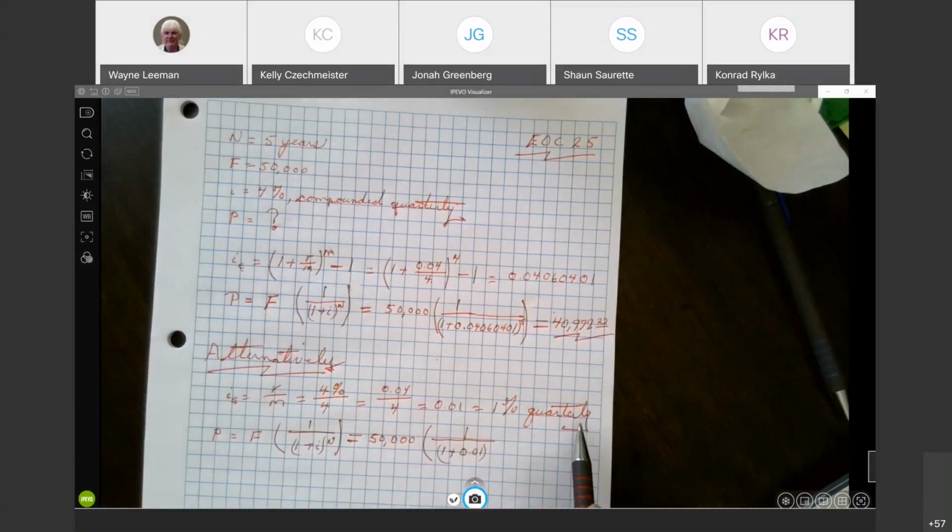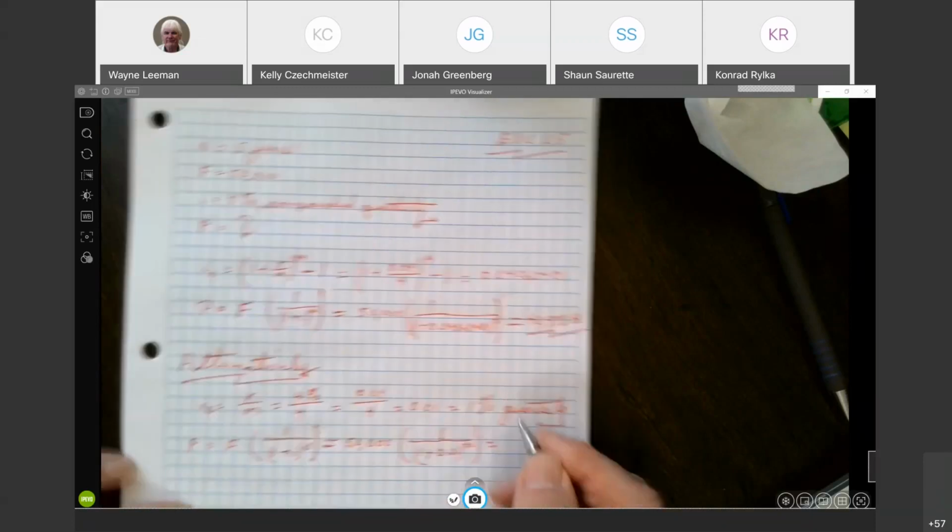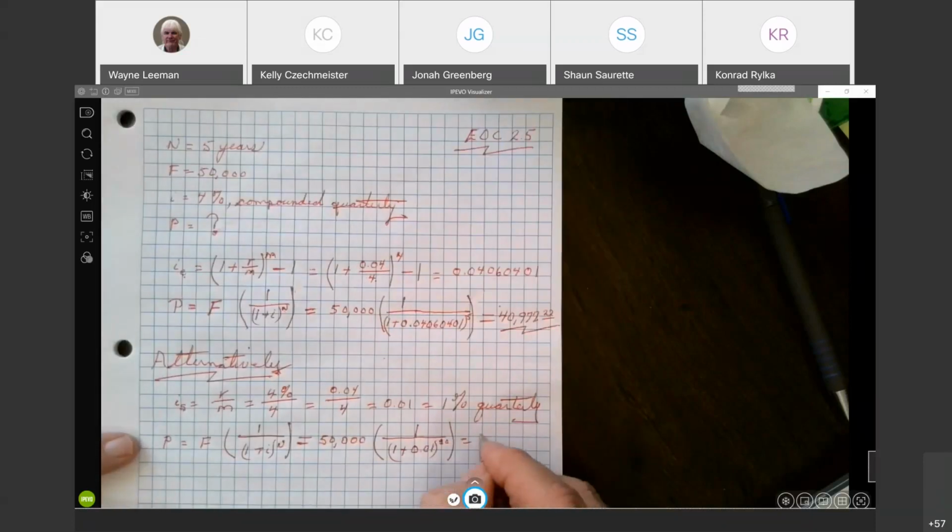Now, what are the number of compounding periods in this case? A couple of 20s came back to me, so I'm good with that. So we're going to put a 20 in here, and then we're going to calculate that out, and hopefully you will get what I got when I worked the problem.